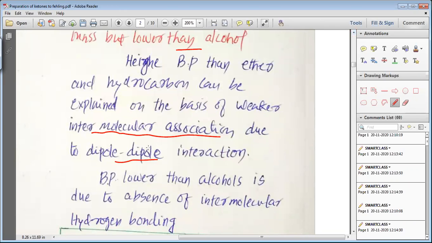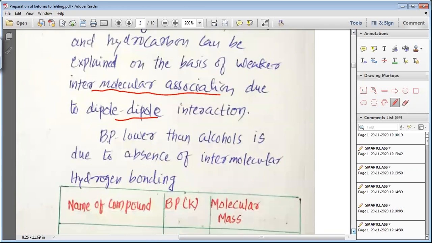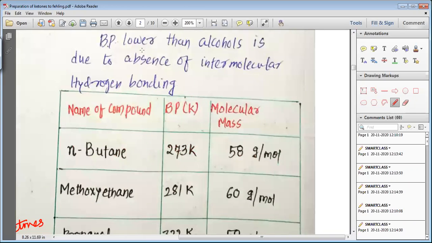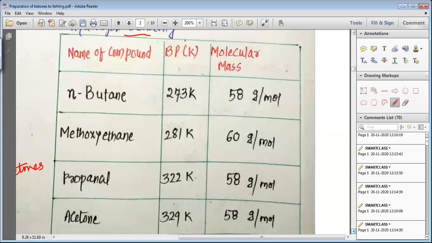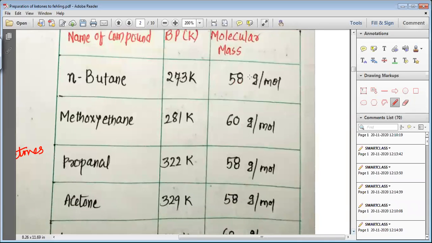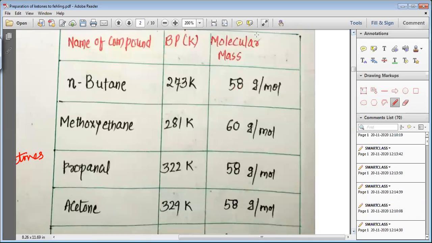The boiling point lower than alcohol is due to the absence of intermolecular hydrogen bonding. So in aldehydes and ketones intermolecular hydrogen bonding is not present, and that is why the boiling points are lower.